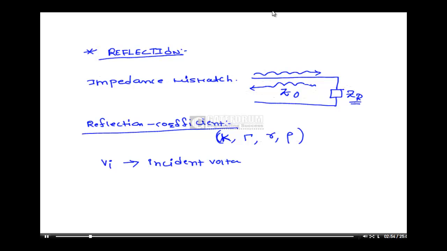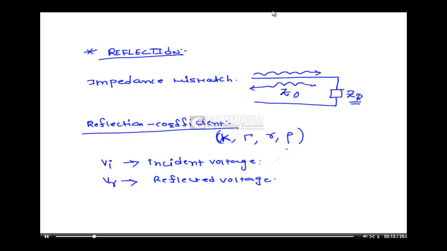Suppose VI is the incident voltage and VR is the reflected voltage.